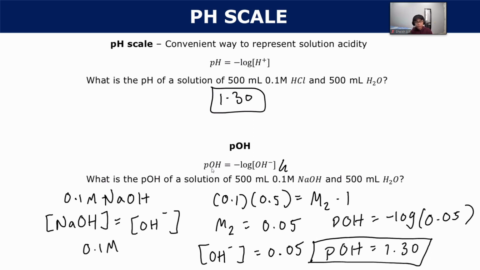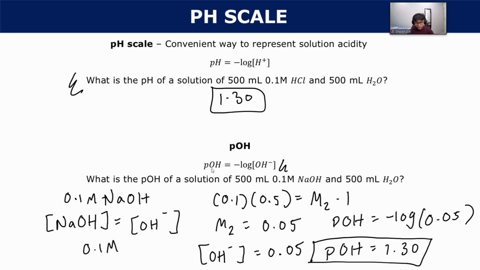So again, we have two completely different scales here, and if we try to calculate the second problem using the pH scale, we would get a really high number, probably like 13, 14, something like that. And if we did this one using the second scale, we would get a really high number too.